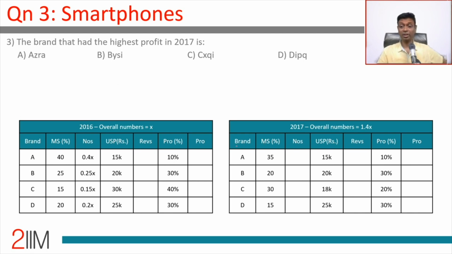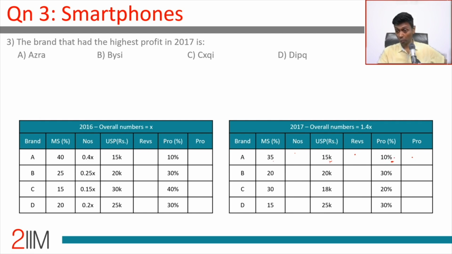Highest profit in 2017. So we're going to find this, then this, then this. Fine. So this is 0.35 into 1.4 into 15K into 10%. And so it's a fairly involved calculation to find this. But let's see if something is higher. Fine. So we're doing 35 into 1.4 into 15 into 10%.